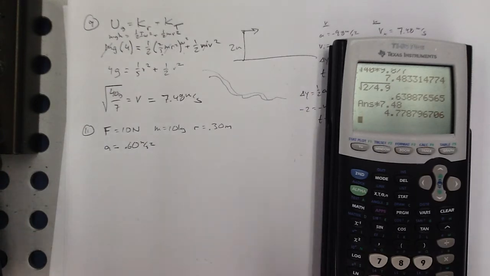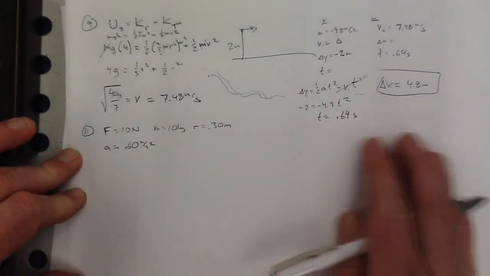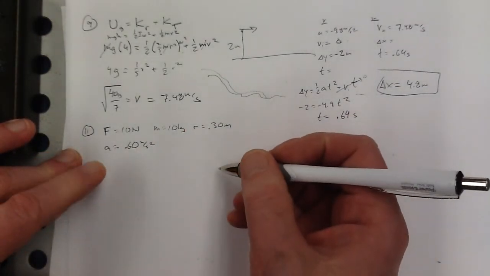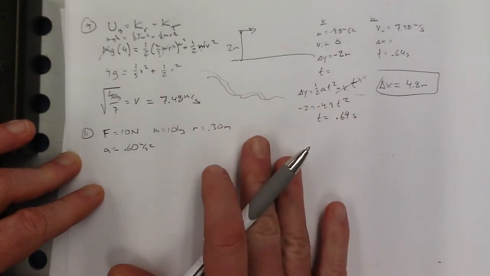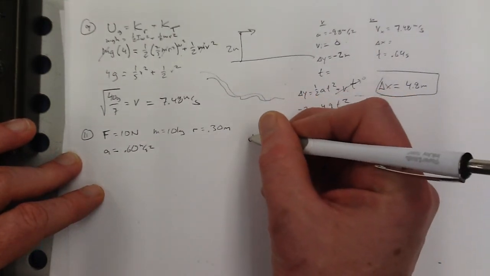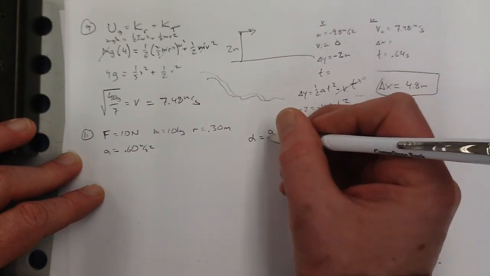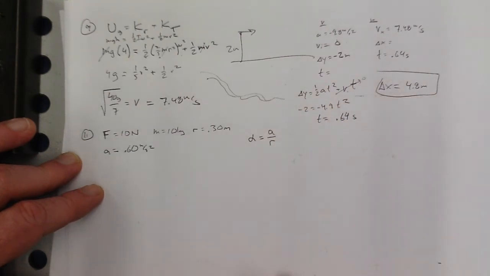Okay, so this is a little different. That's good. So let's see what we can do here. The angular acceleration of this thing is equal to a over R, right?